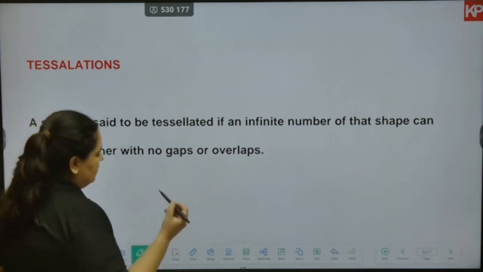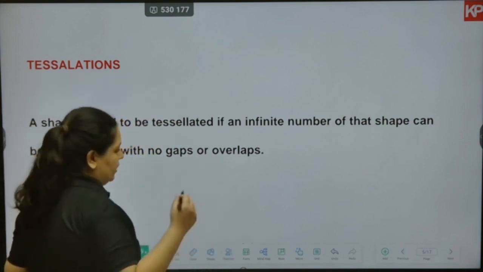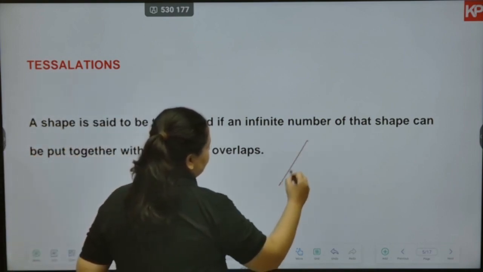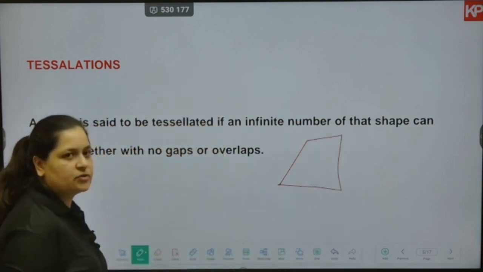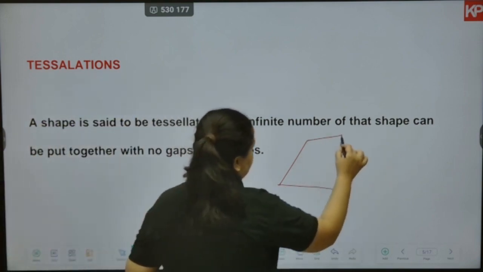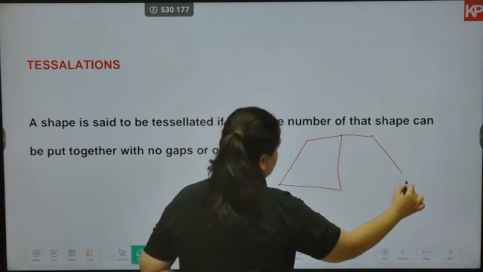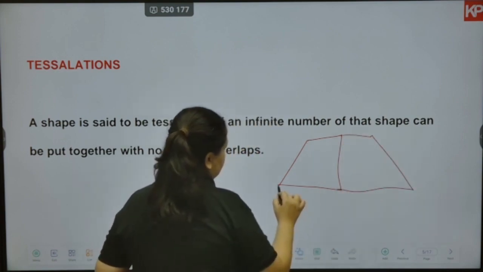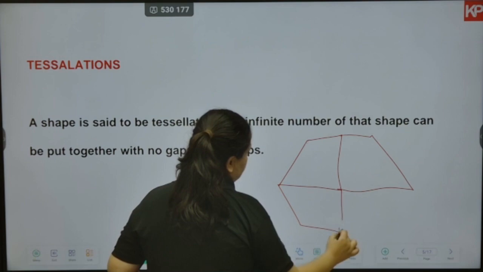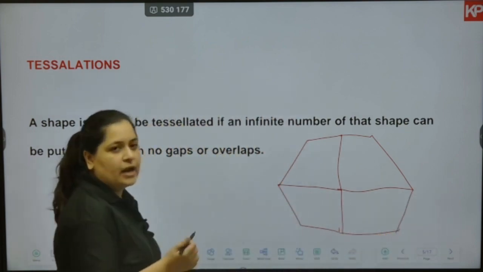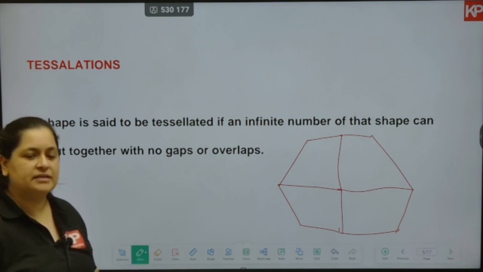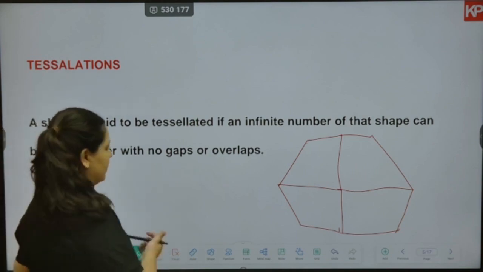Now let's check for a very random quadrilateral, for example. Something like this. Is this going to tessellate? Let's check. Now you may say that all these are very basic shapes, or this can be a fluke as well.